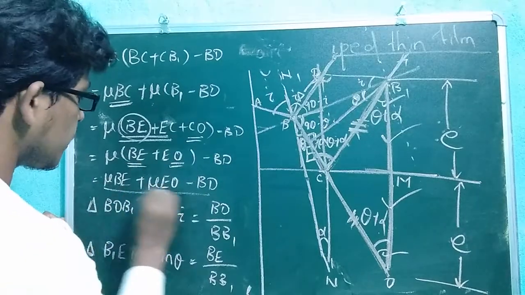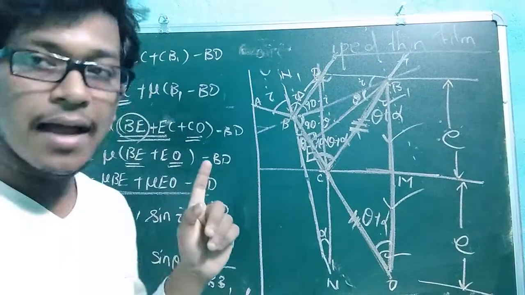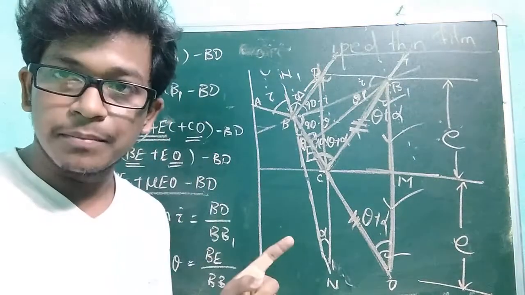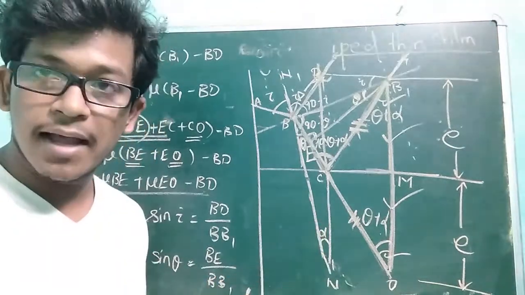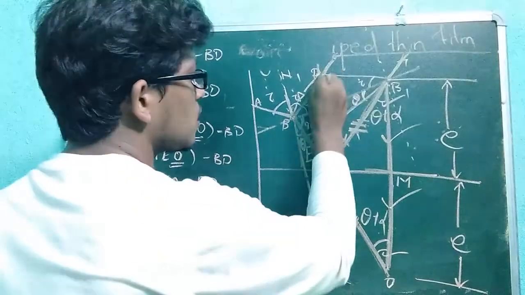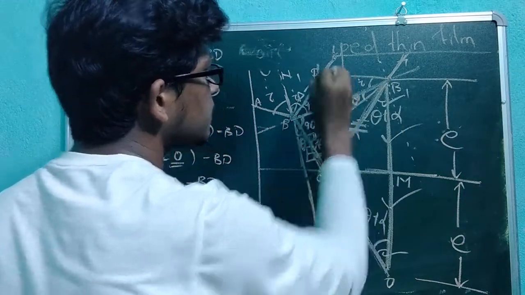Once again I multiplied. Now I will consider two triangles. These things I have already done in the thin film, parallel thin film. First I will consider this triangle. This is a right angle triangle, this is 90.